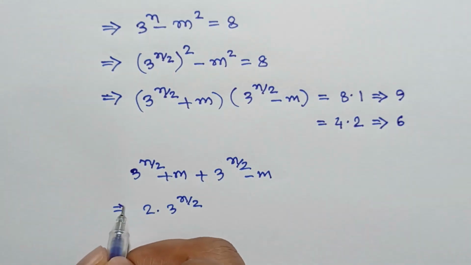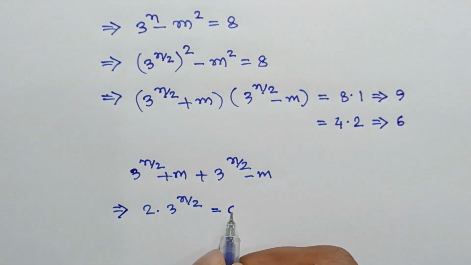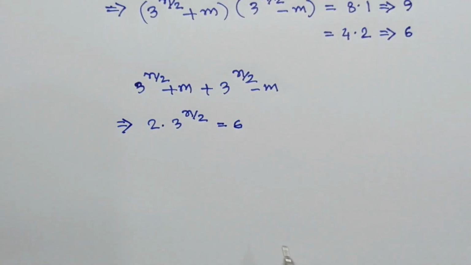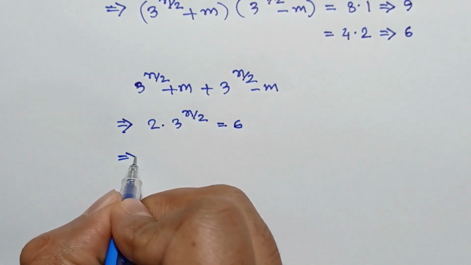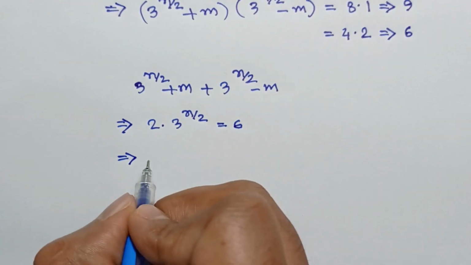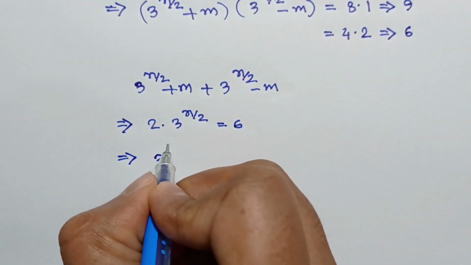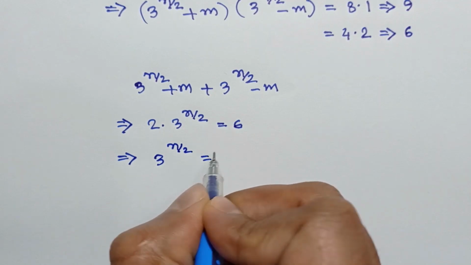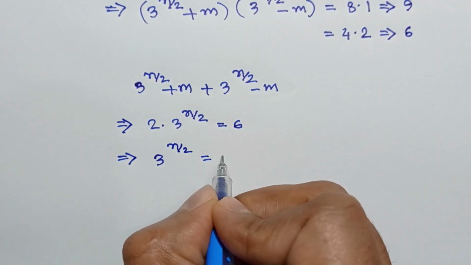So we can write 2 times 3 to the power n over 2 is equal to 6. Dividing both sides by 2, we will have 3 to the power n over 2 is equal to 6 divided by 2, which is 3.